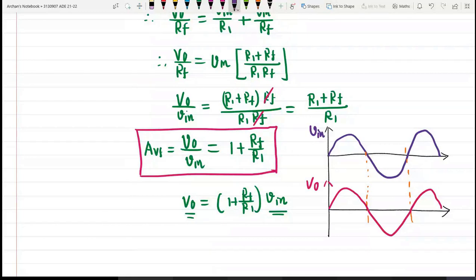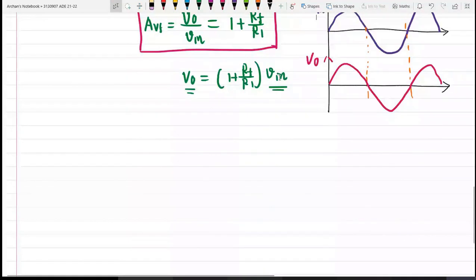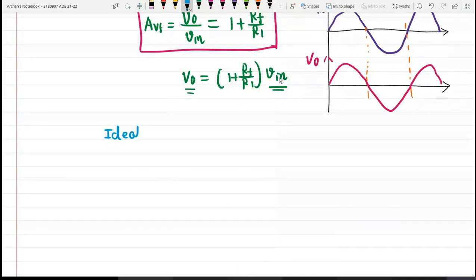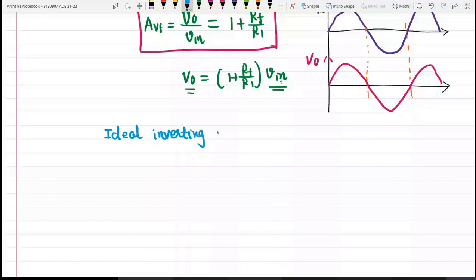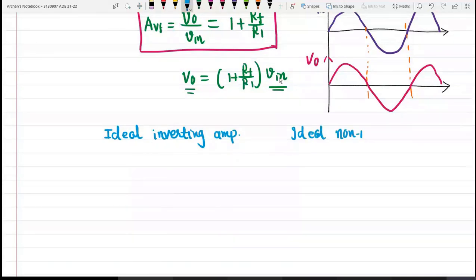Now we have gone through inverting amplifier, we have gone through non-inverting amplifier. We can see the gain in case of inverting amplifier is minus RF by R1, and gain in this case is 1 plus RF by R1. Let us try to compare. On the one side I will consider ideal inverting amplifier, and on the other side ideal non-inverting amplifier.